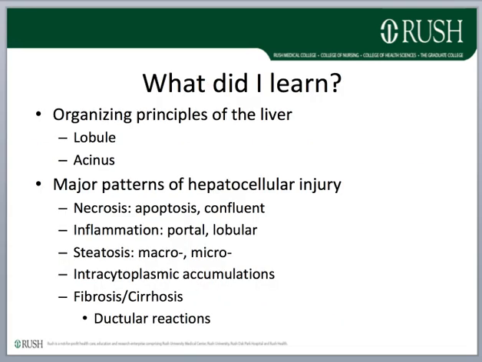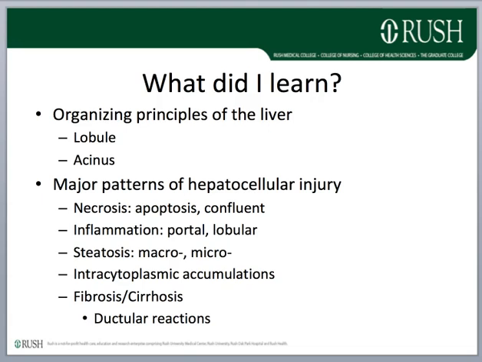So let me summarize what I learned in this. There are organizing principles to the liver that relate the microarchitecture to functional relationships. The one principle is the lobule, and the other concept is the acinus.